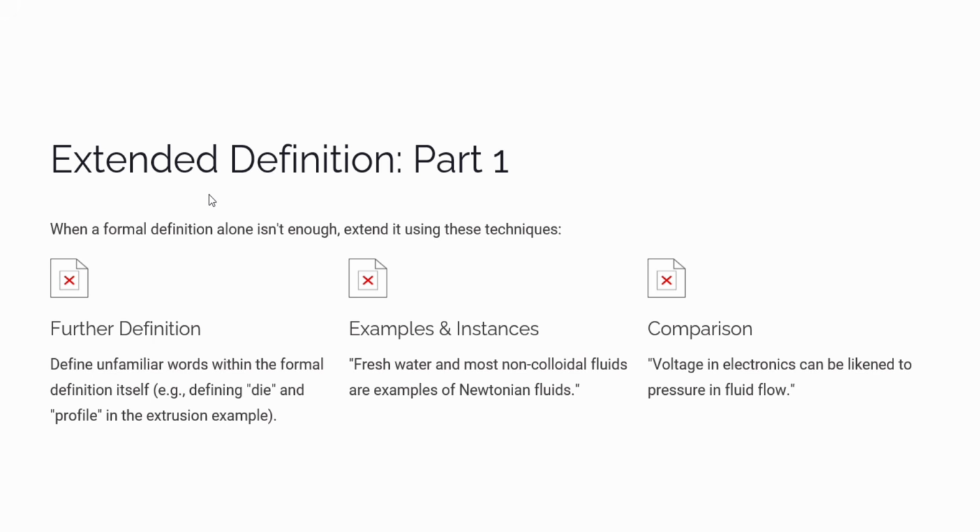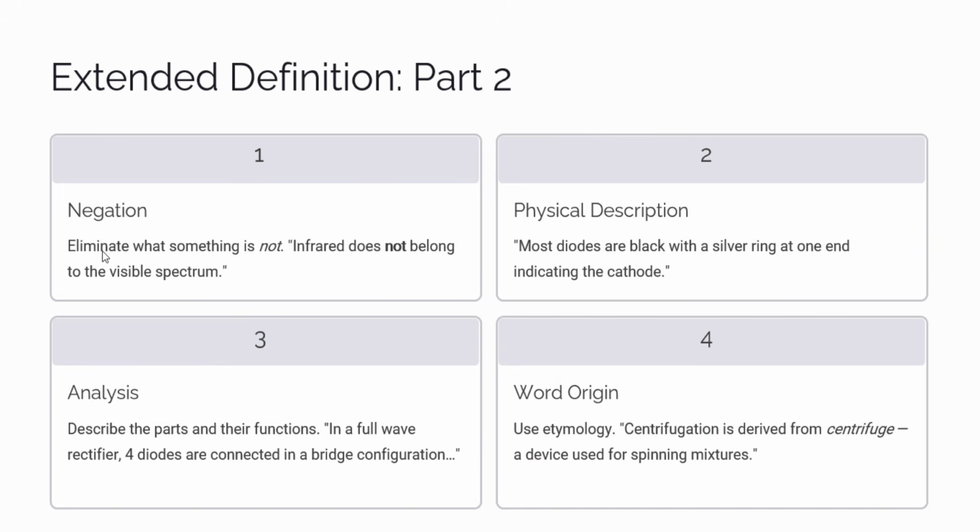Take note: further definition, examples and instances, comparison, negation, are you with me? Negation, physical description, analysis, and word origin. Please take note of these things that I'm telling you.